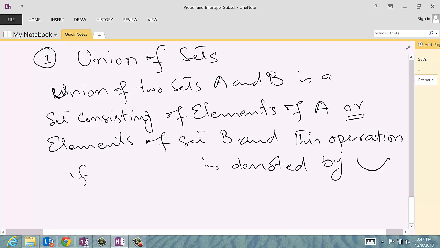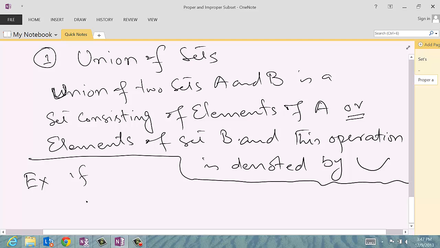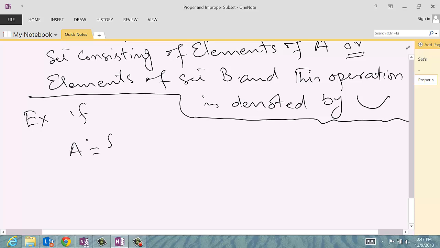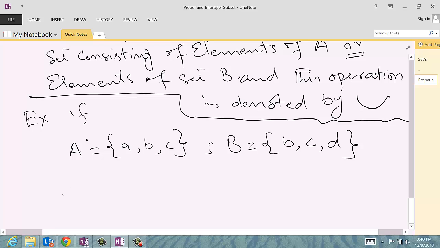Don't confuse it with U. It's little wider than U. So if A is equal to A, B, C and B is equal to B, C, D, then A union B is going to be A, B.